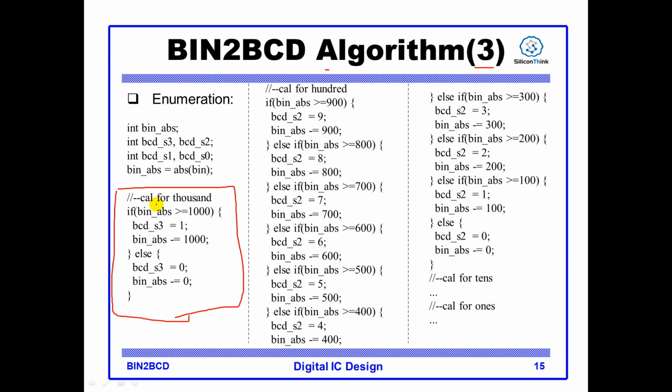In this part we will calculate the BCD code for 1000. First, we will also calculate the absolute value. Then the absolute value will be compared with 1000 to get the BCD code of 1000, and I will calculate the remaining number.